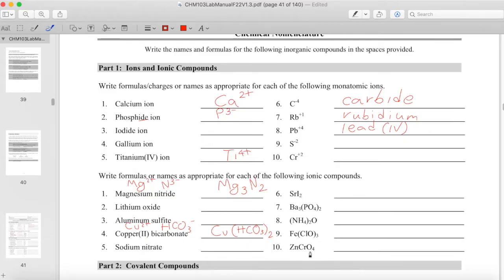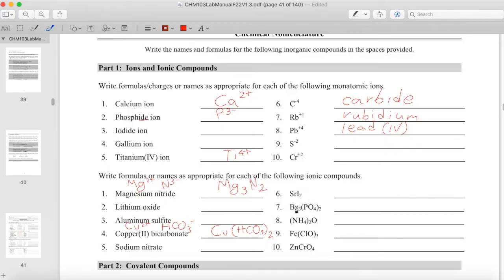So that's a less common polyatomic ion, and you're probably not going to see that too often on a quiz or exam. Anyway, you can look up polyatomic ions. We have a table of them here in this lab, so for the purpose of this lab, at least, you should be able to look them up.